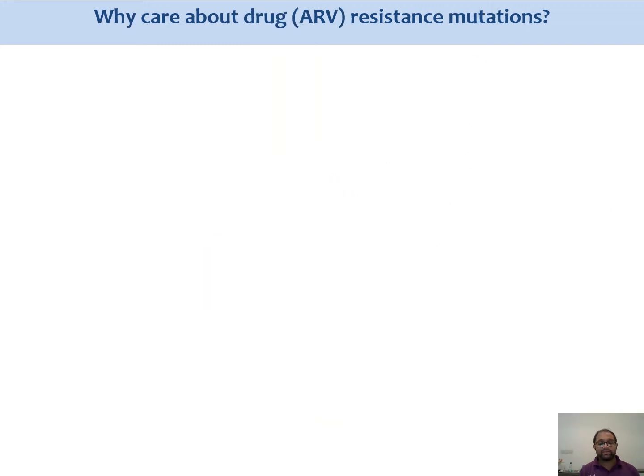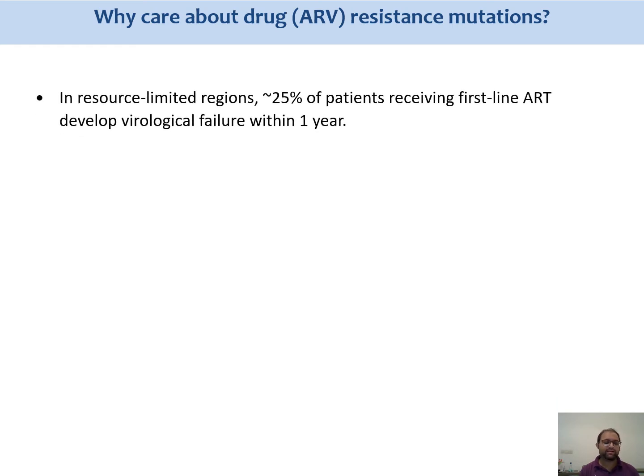If somebody is still wondering why this topic is so important, here are some facts from the studies. Especially in the resource limited regions, which have a higher burden of ART resistance mutation, approximately 25% of the patients who are receiving first line ART therapy develop virological failure within 1 year.